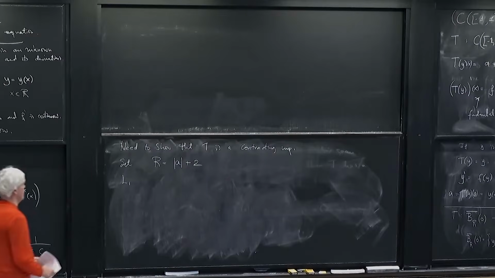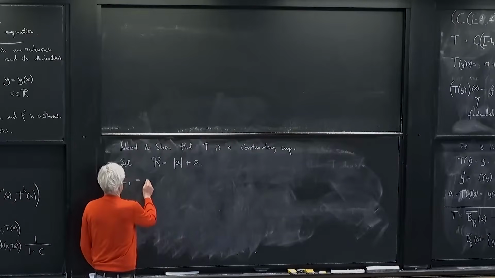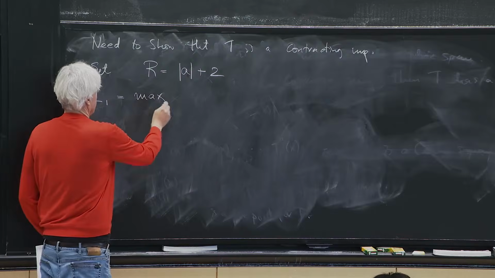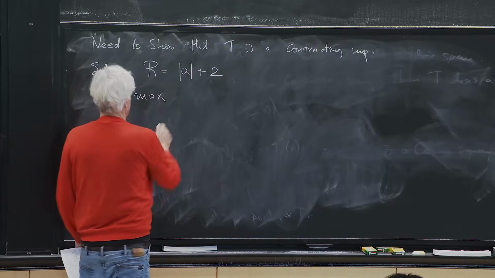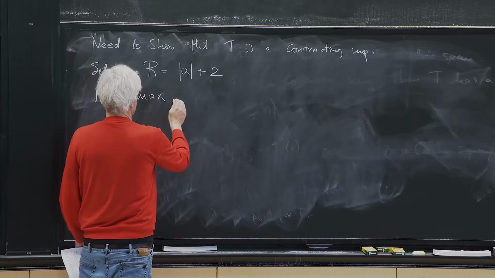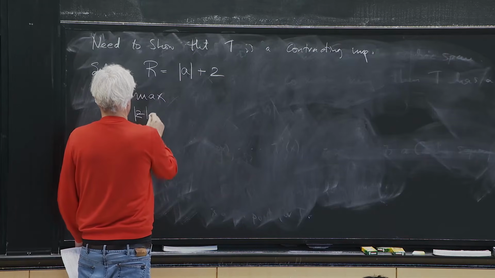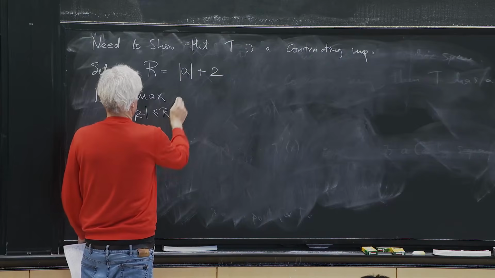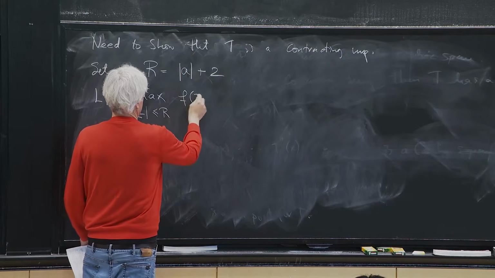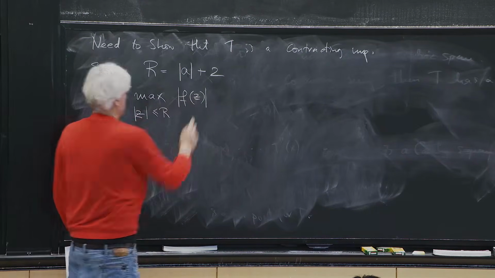Capital L1 is going to be another constant. It's going to be the maximum over z, where the norm of z is less than r, of the value of f, like this.